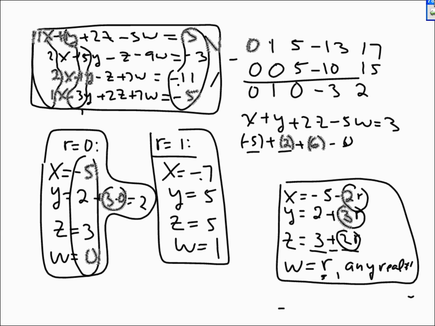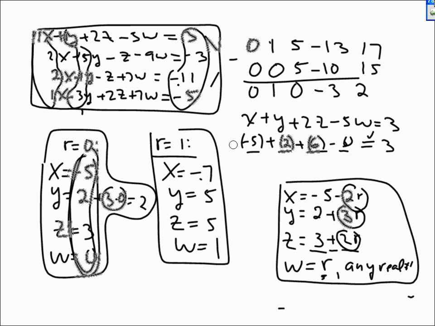Negative 5 plus 2 is negative 3. Negative 3 plus 6 is 3. Take away 0, yeah, we got 3. And these numbers, negative 5, 2, 3, and 0, they will work in all 4 equations.